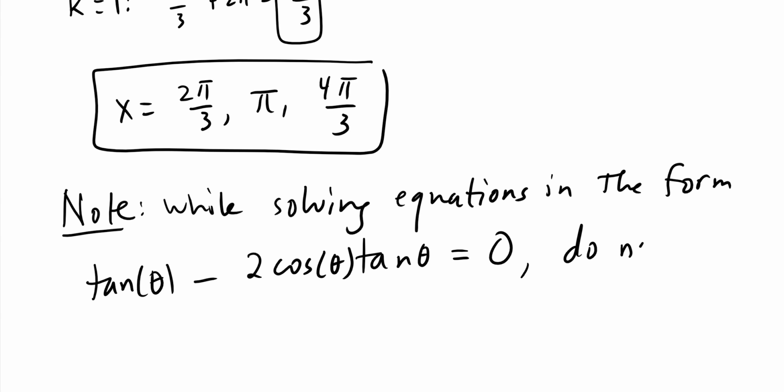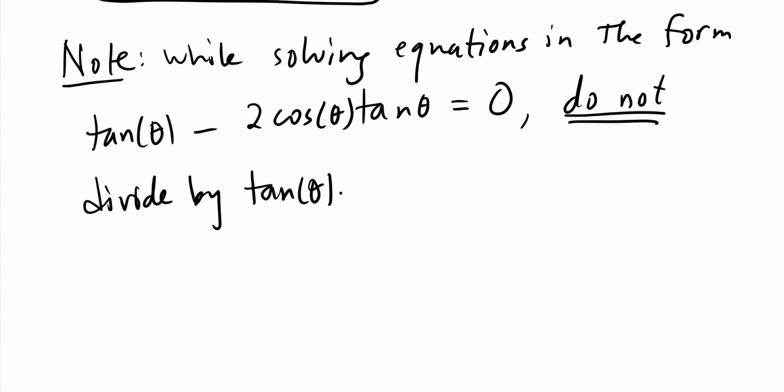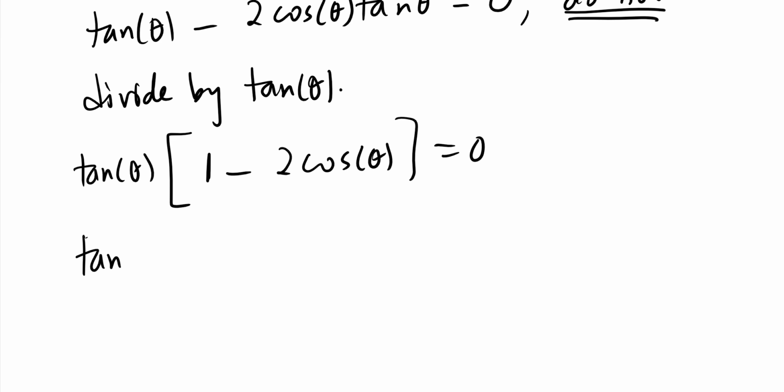Do not, and I really mean it, do not divide by tan theta, because tan theta could be 0. Instead, to solve it, we need to take tan theta out as a factor. That will leave 1 minus 2 cosine theta equals 0. And we do not ignore that tan theta, so we have to solve it. So set tan theta equals 0, or 1 minus 2 cosine theta equals 0.